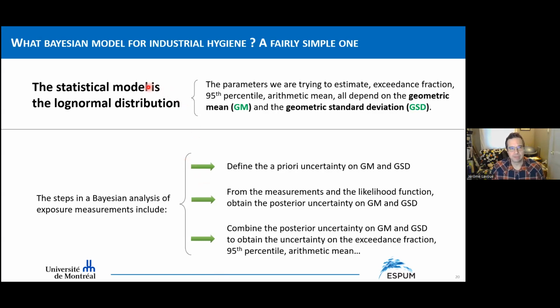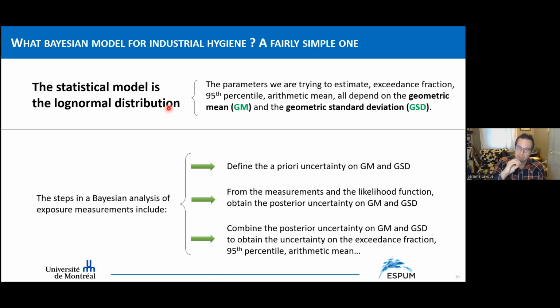The statistical model is the log normal distribution, and I think I mentioned yesterday, the parameters of interest to us for risk assessment might be the exceedance fraction, the 95th percentile, the arithmetic mean, but we get to them using the geometric mean and the geometric standard deviation.